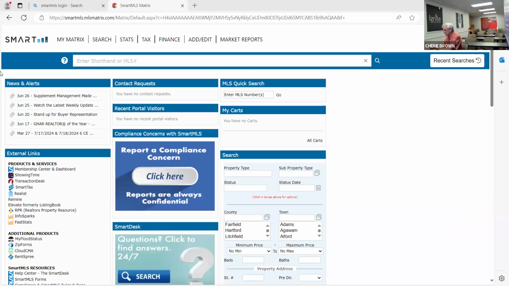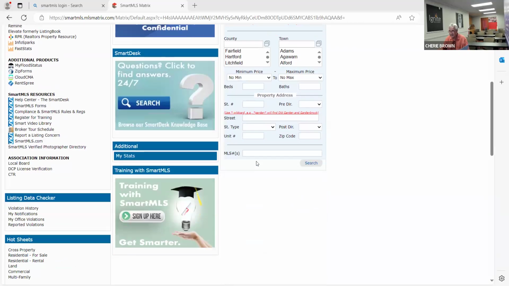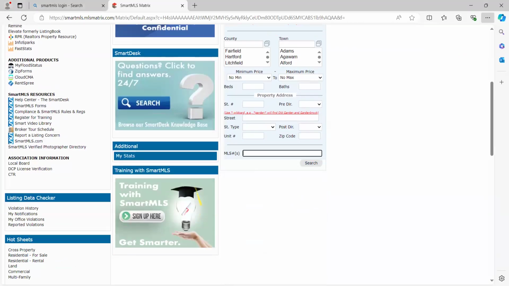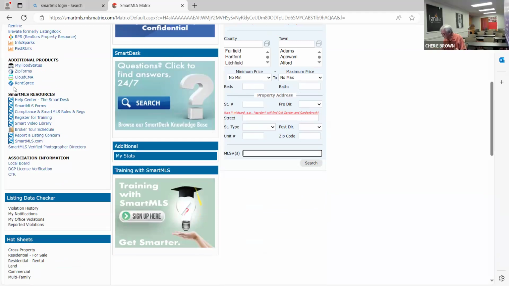I'll share with you that I've been using this particular property for a while, at least in my opinion, for good reasons. It's got a great history. So I'm going to pull it up right now.